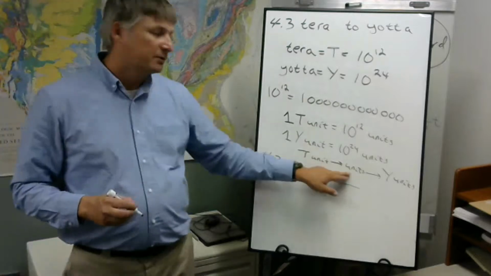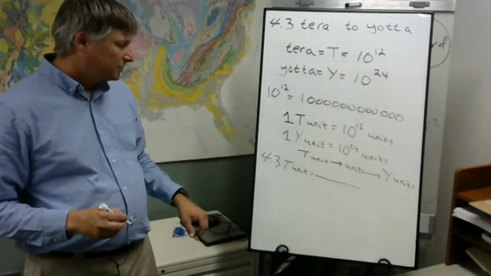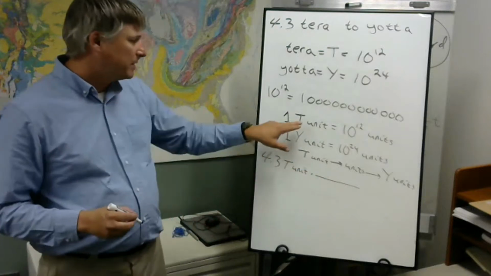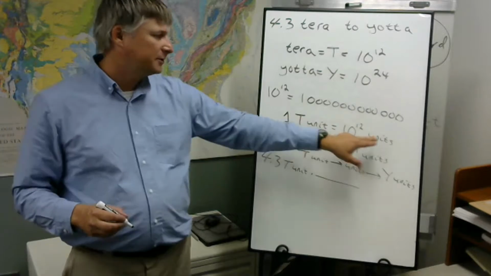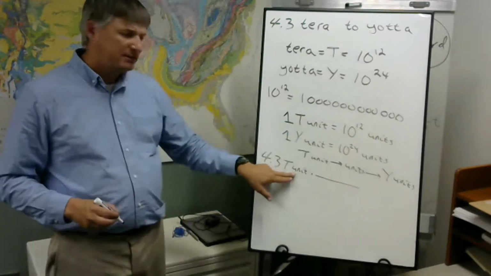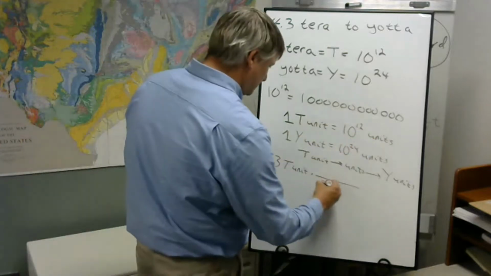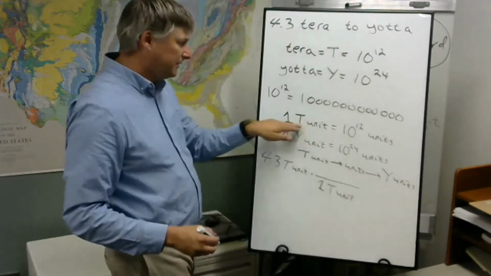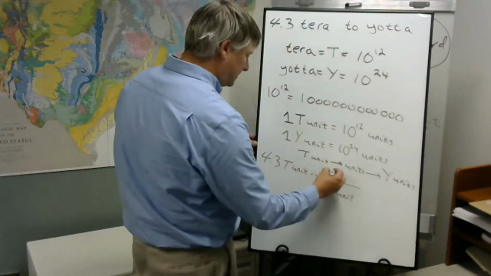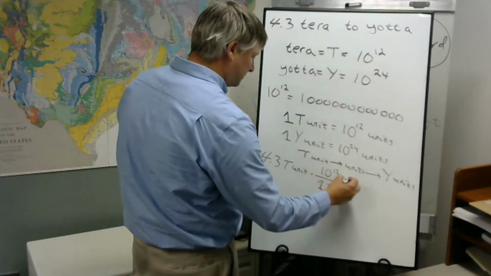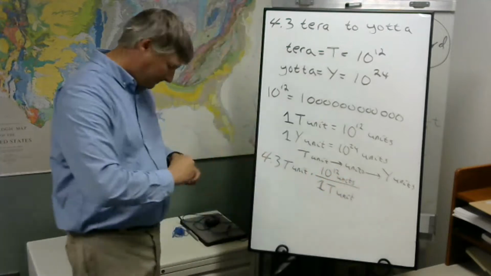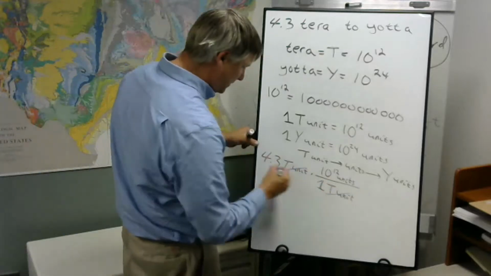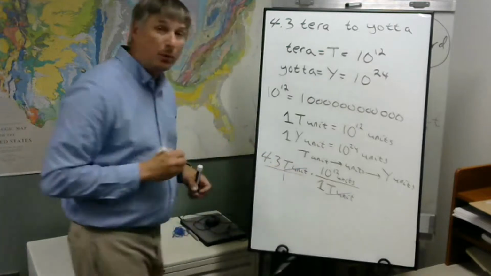So let's do this conversion first. We want tera units to cancel, we want units to remain. So we have a relationship between tera units and regular units. We want the tera unit to cancel. So we have 1 tera unit, and again, using this relationship, that's the same as 10 to the 12 regular units. So sure enough, our tera units are canceling, and don't forget there's that invisible 1 there.